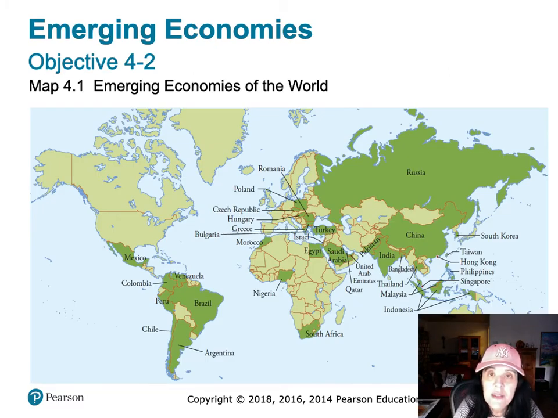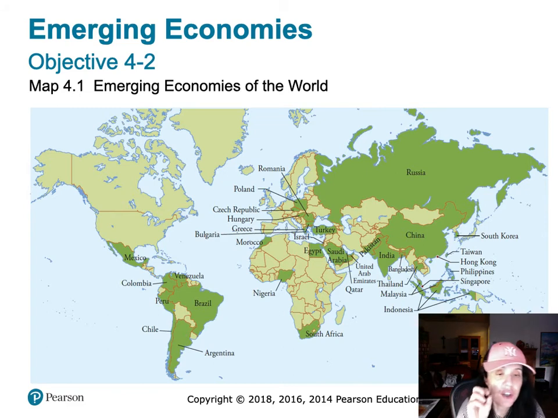Right? And then we have now the learning objective 2. We continue with this learning objective and apply it to the map, right, to differentiate the different types of economic environment. So this map basically shows the emerging economies of the world, right? The emerging economies are highlighted in green color.